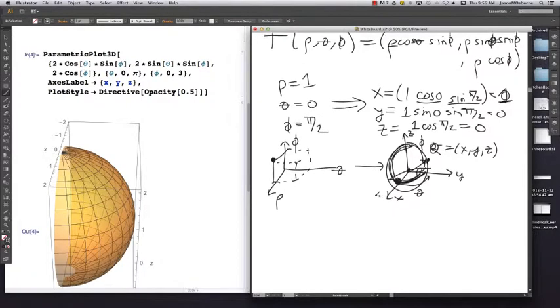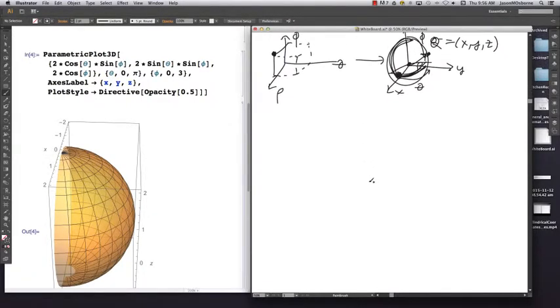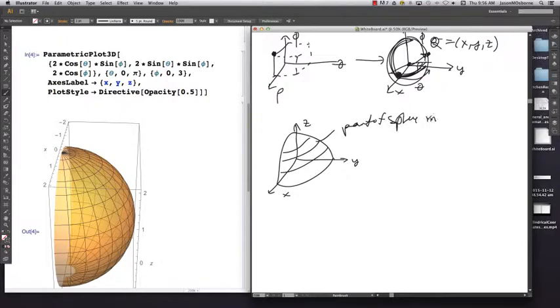So the reason we are looking at spherical coordinates is because what if we had a region that we wanted to integrate over, do a triple integral? What if we needed to find the mass of a part of the sphere that was only in the first octant?